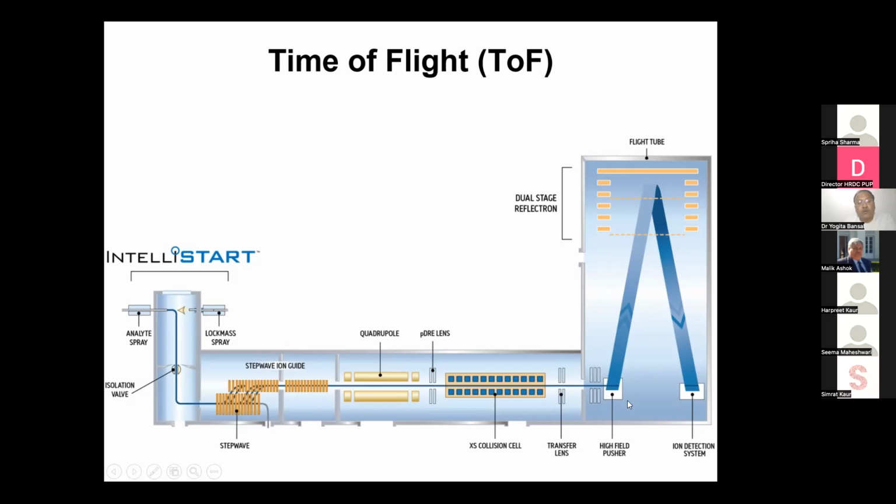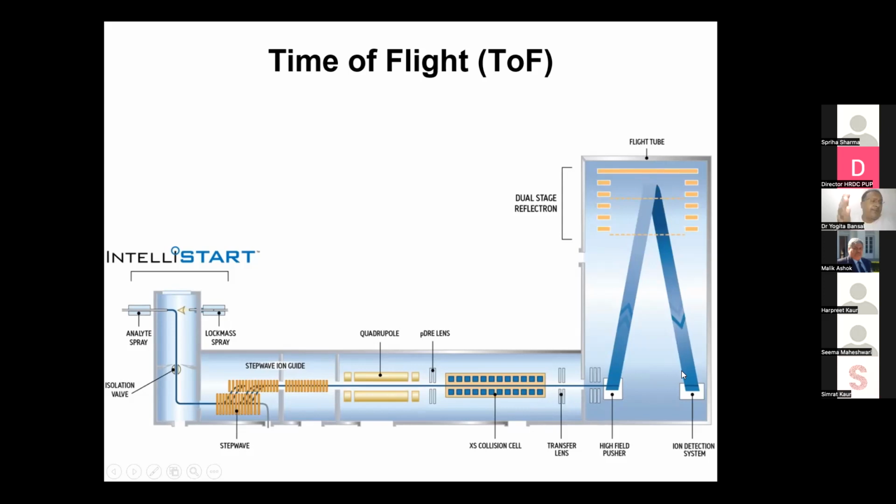Now in the TOF, these ions travel a path from their origin to a repeller plate and then to the collector. This repeller plate is added to increase the flight path.